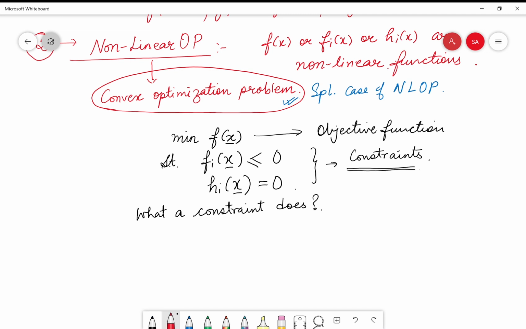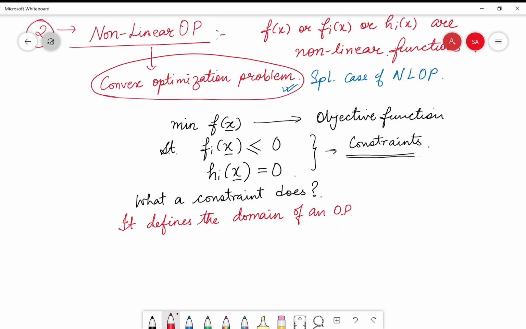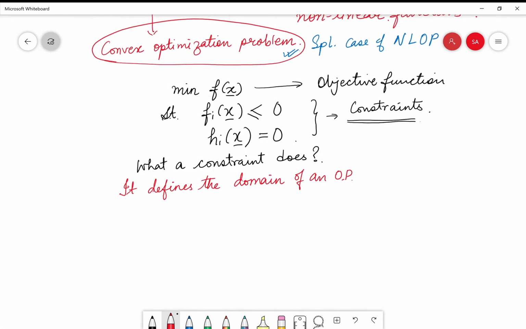You know that every function has some domain where it is valid. What the constraint does is that it defines the domain of the overall optimization problem. So in one word, it defines the domain of an optimization problem. What will be the domain of such an optimization problem?